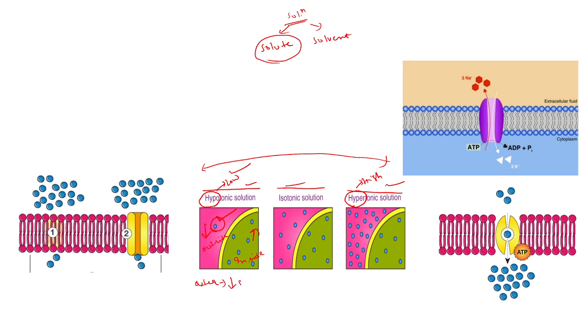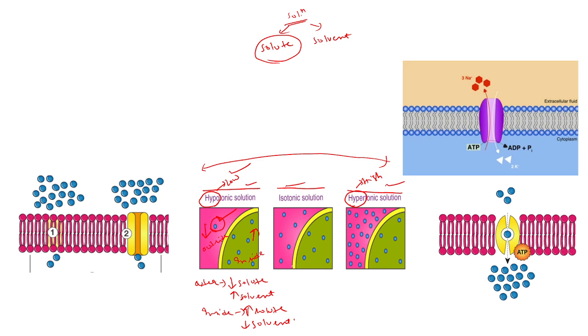If the low solute is present at the outer side, that means more solvent is present. Inside, higher solute is present, that means low solvent is present.